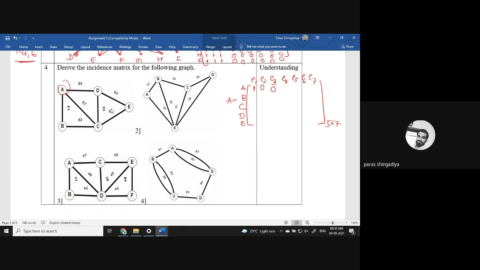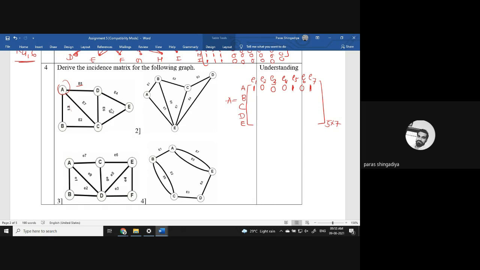A with E4, that is also not incident, 0. A with E5, they are incident here. E5 is connected with A, so it will be 1. A with E6 is also not incident, that is 0. And E7 is incident with A, so it is 1. If there is any confusion, please ask. How we can derive this 1.